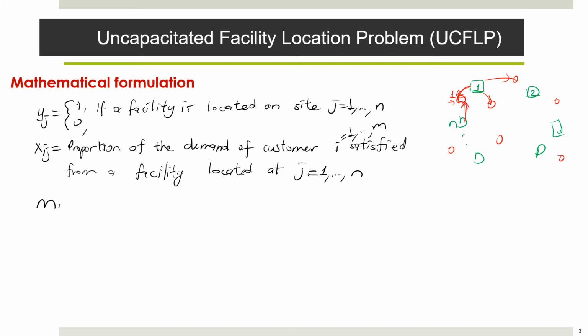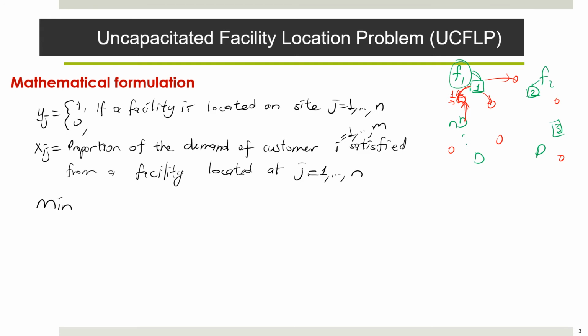In the next step, it will be the minimization of the total cost. And remember, for each potential location, we said that there is an associated fixed cost. If you establish a facility here, the cost will be F1. If you establish a facility here, its cost is F2. So we have these Fj, the fixed costs, or sometimes we refer to them as the setup costs.